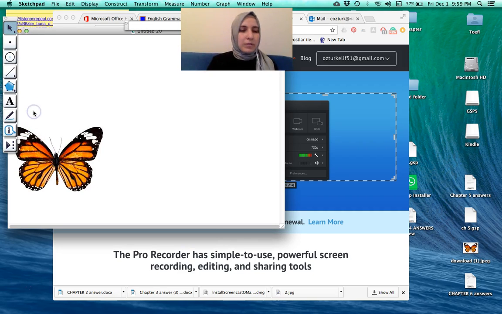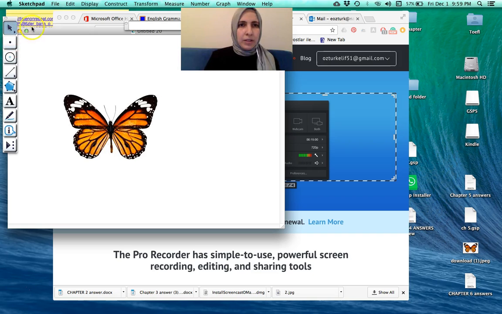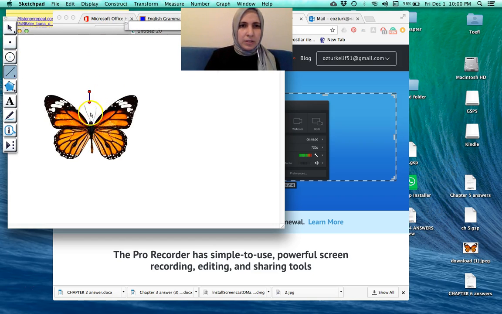Okay, let's open it. I found a butterfly from the internet, and as you see, this is a butterfly, but I can show that it can have a symmetry line. Let's make a butterfly like this.